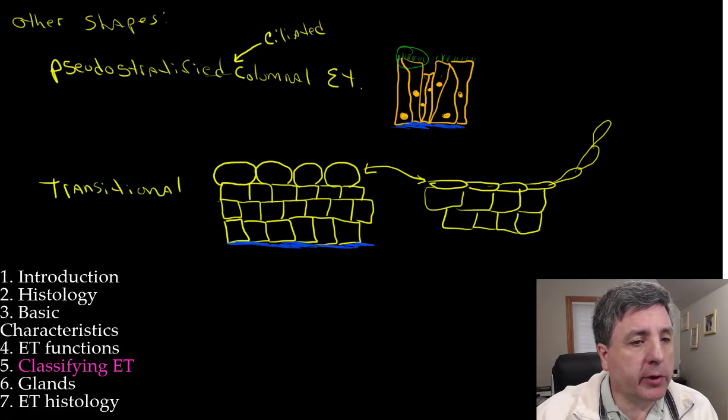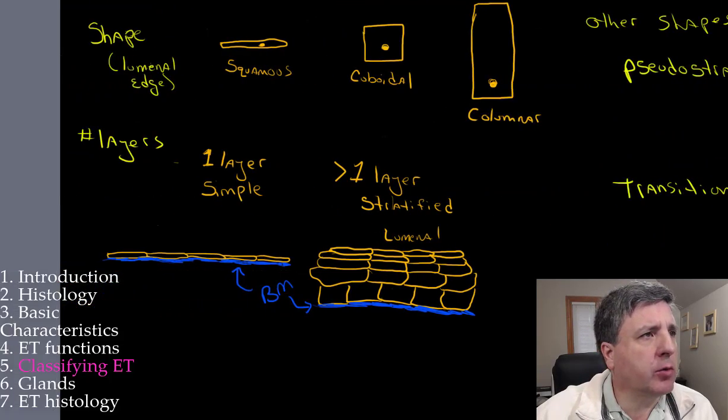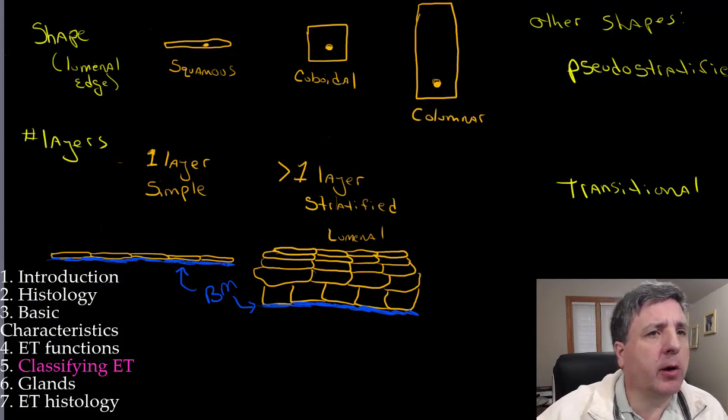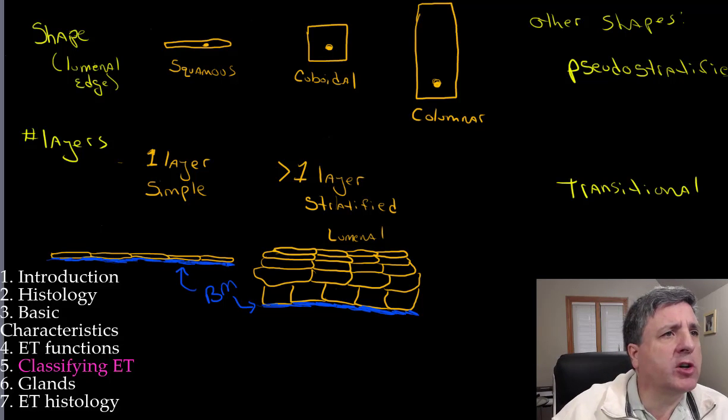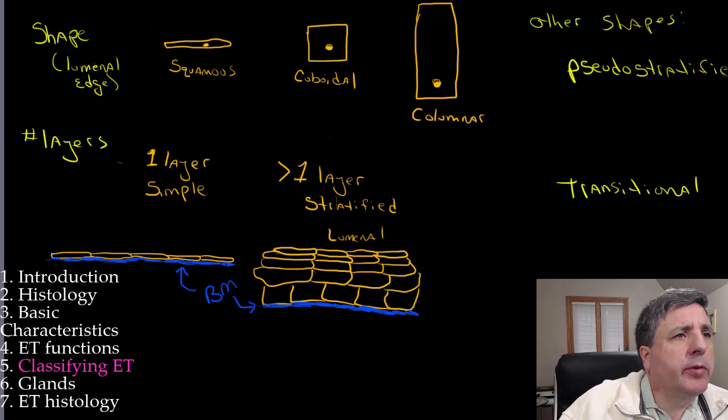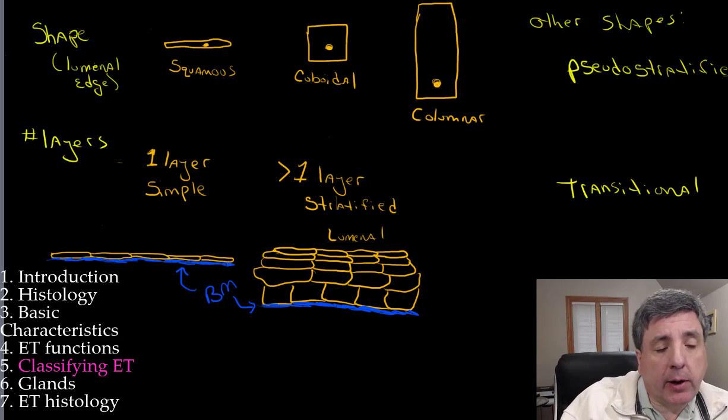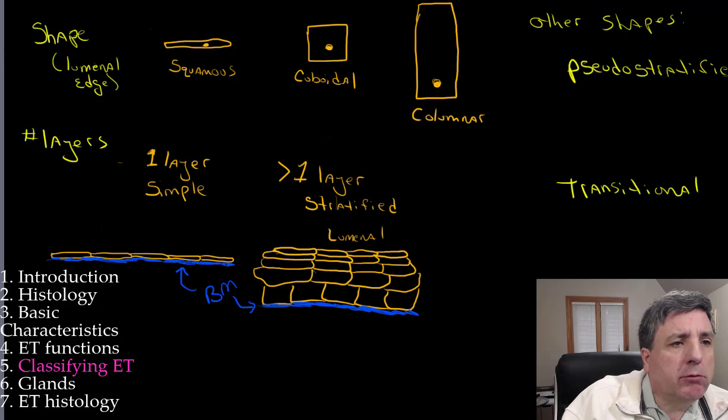So let's do the function of the other ones. Let's go back to this area, and let's talk about what the function of this one is. So we have a very squished cell, very, very thin. So simple squamous epithelium is going to be really important for diffusion.